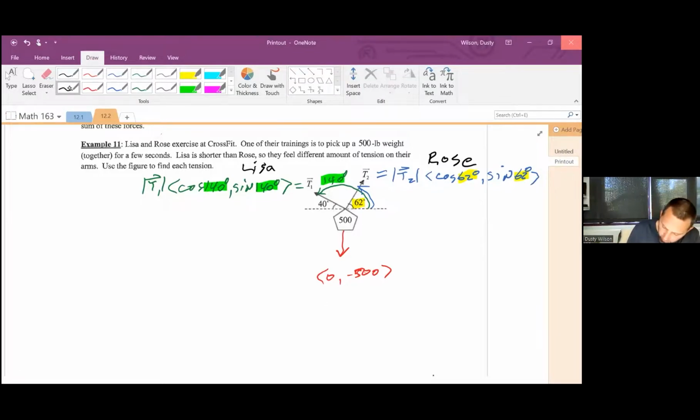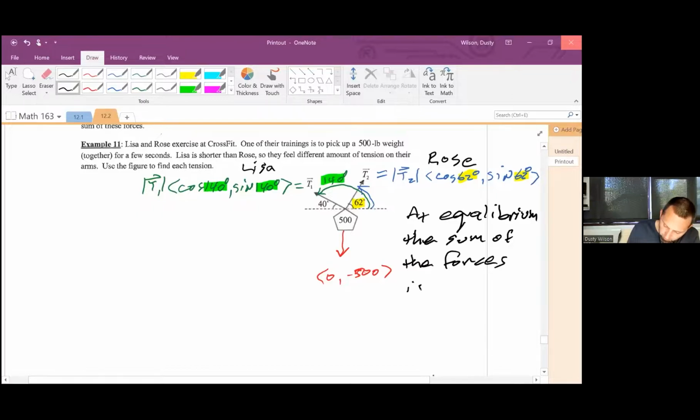So again, at equilibrium, the sum of the forces is 0.